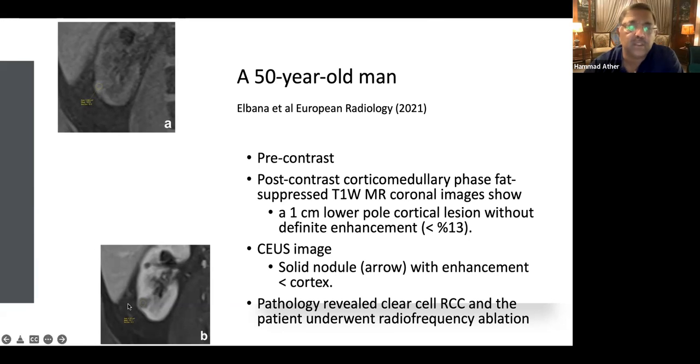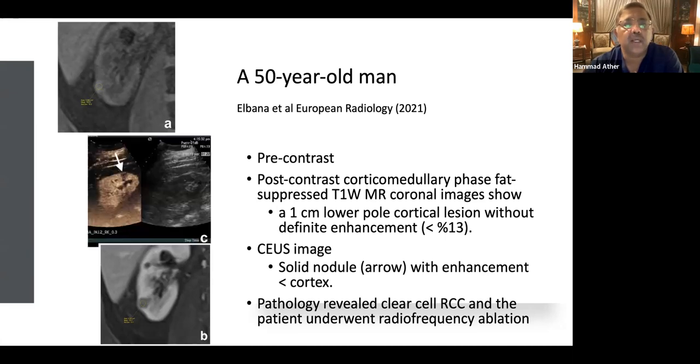So even with this picture, we are not absolutely sure if this lesion is solid, which is suggestive of a tumor, or a more benign cystic lesion, like the very clear cystic lesions elsewhere in the kidney.